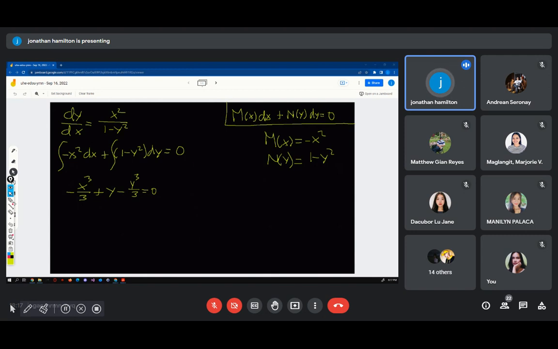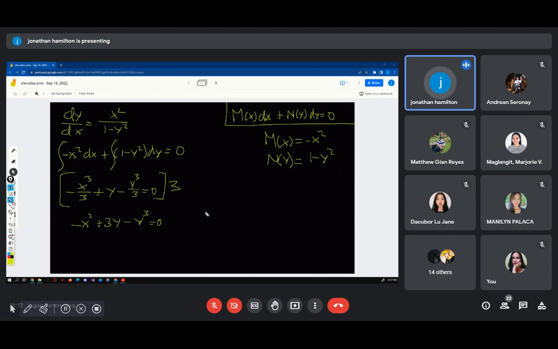To simplify this, we could multiply both terms by 3. So we're left with negative x cubed plus 3y minus y cubed is equal to 0.